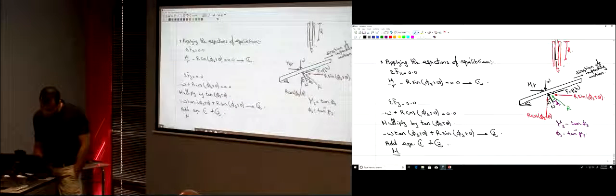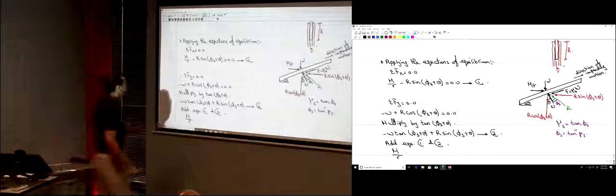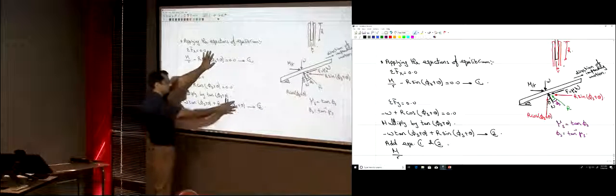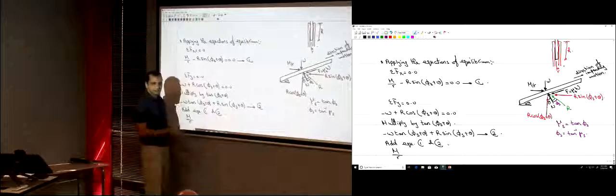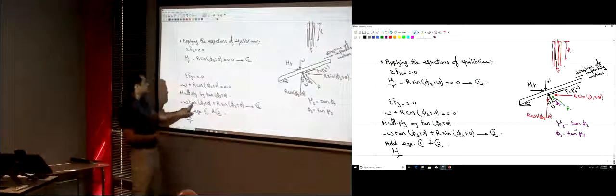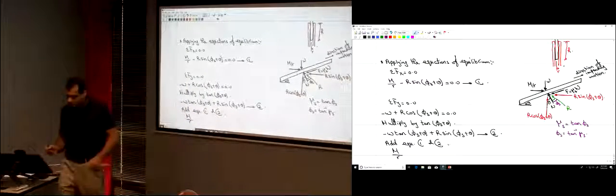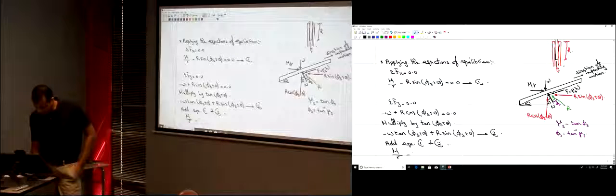So we have M divided by R minus this plus this. What happens? They cancel out. Right? And then plus this term, it's a negative. So we had here negative W tan(phi_s plus theta) equal to 0.